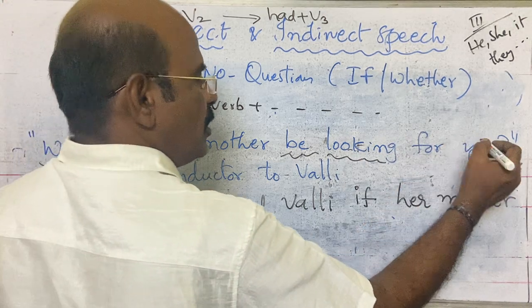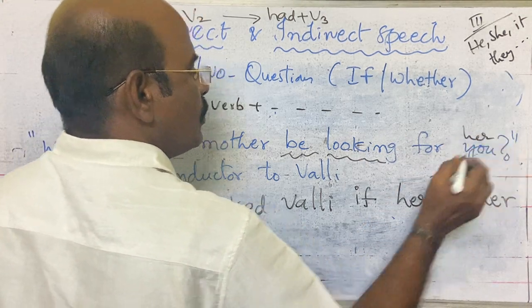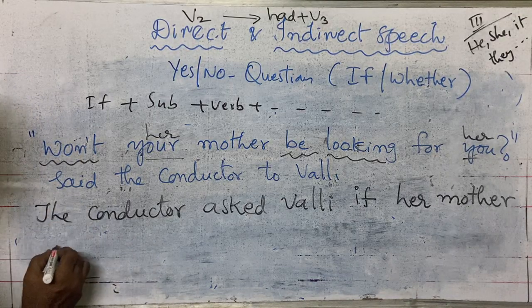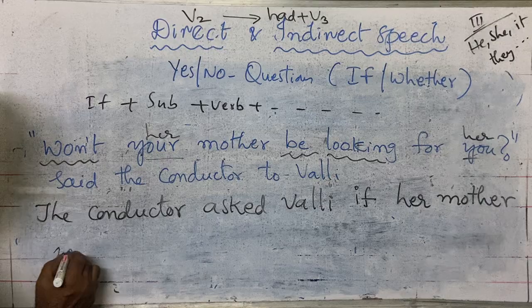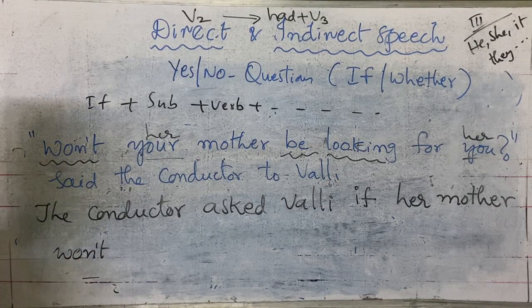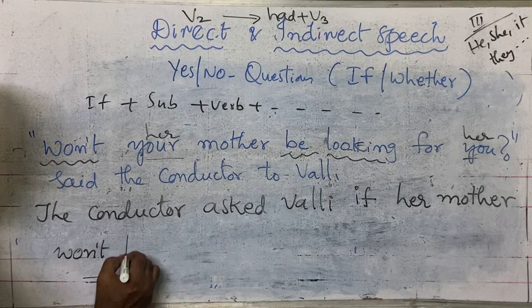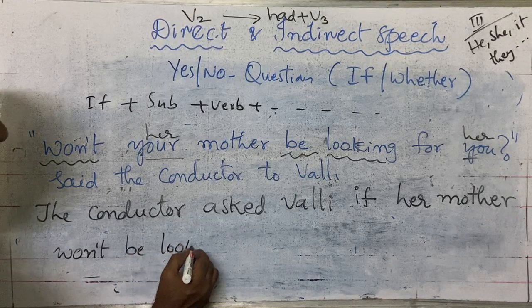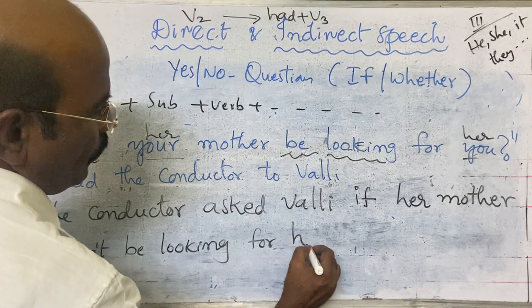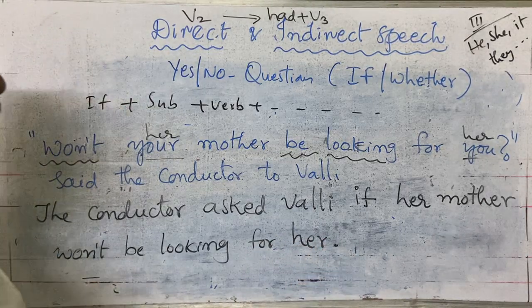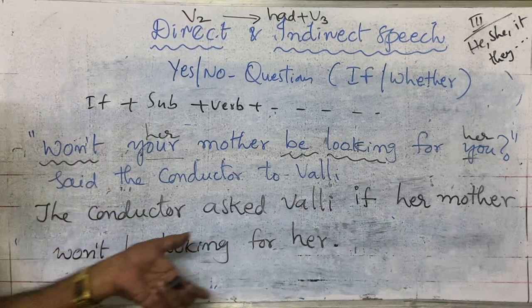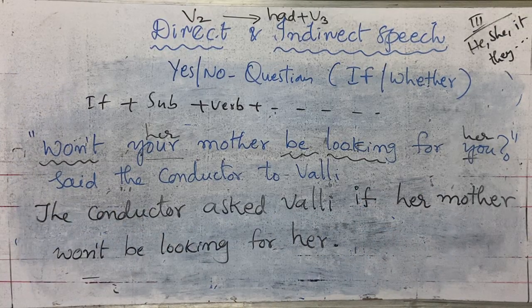You means the girl only. So if her mother won't be, you can take as it is. Won't means would not, wouldn't. If her mother won't be looking for her. Like this we are taking a yes or no question.